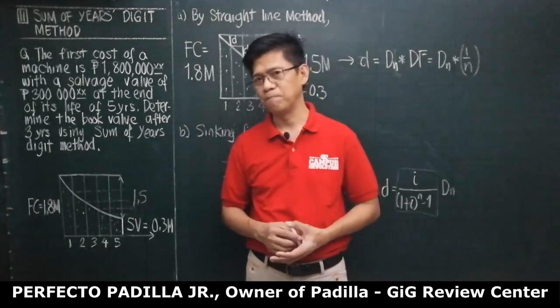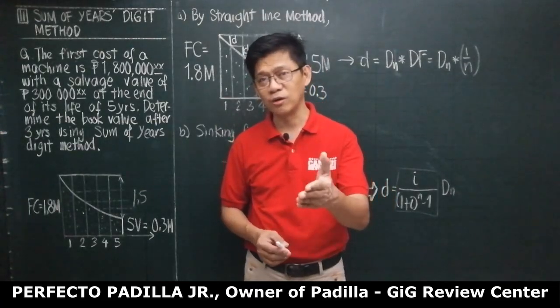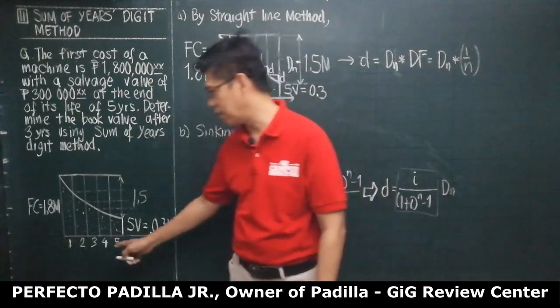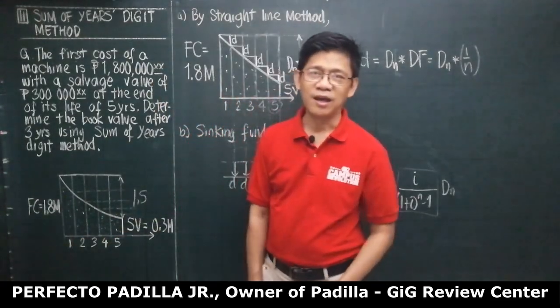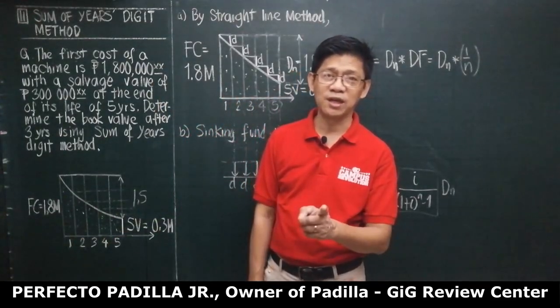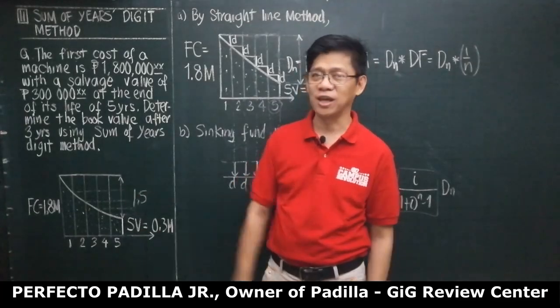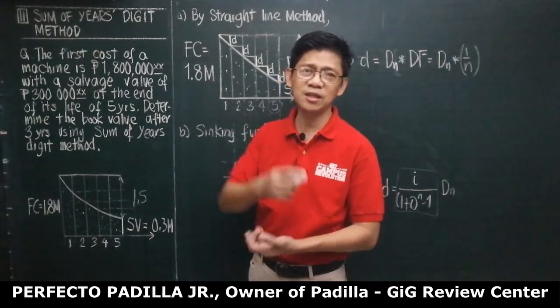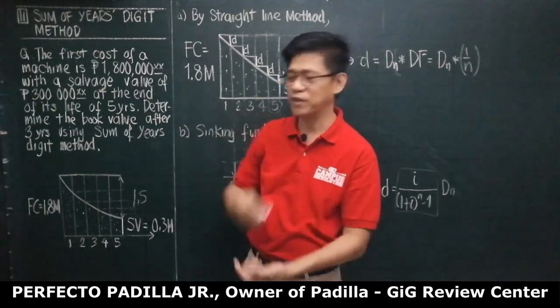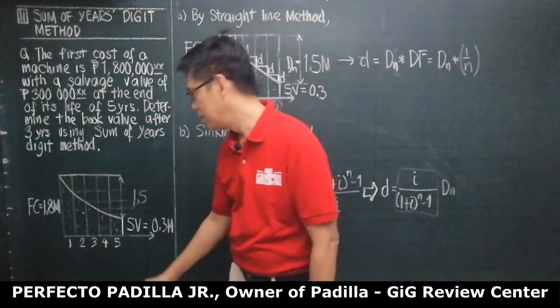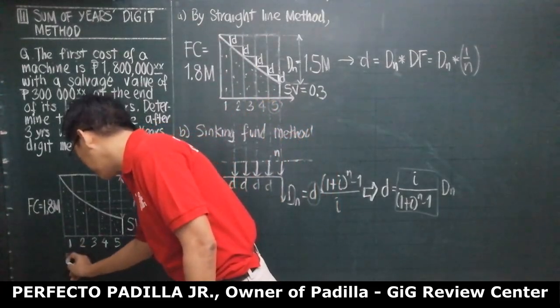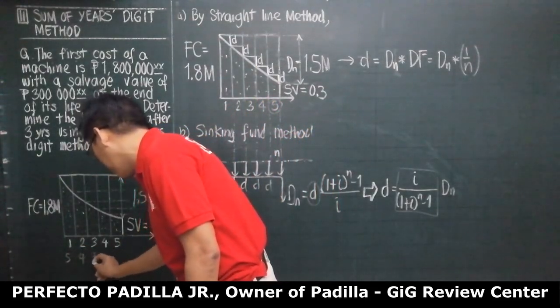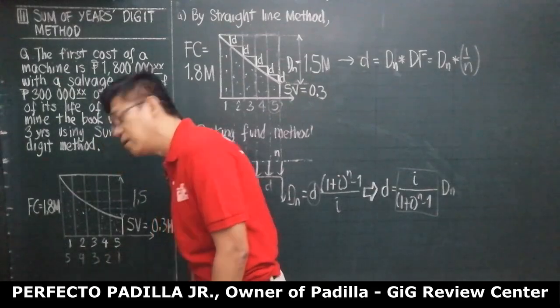Baligtad, sabi niya. No? So, ang tanong ko sa inyo ngayon, if age will be the reference, and the youngest will be receiving the biggest share, then how do we distribute the 1.5? The reverse of the year's digit. So, it would be, eto ang reverse niyan, 5, 4, 3, 2, 1.